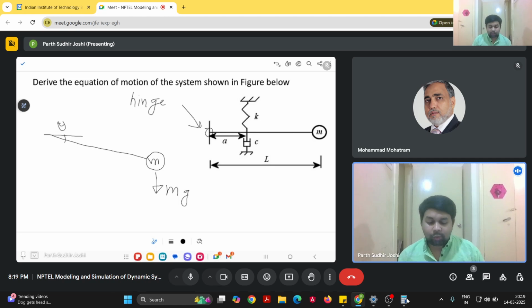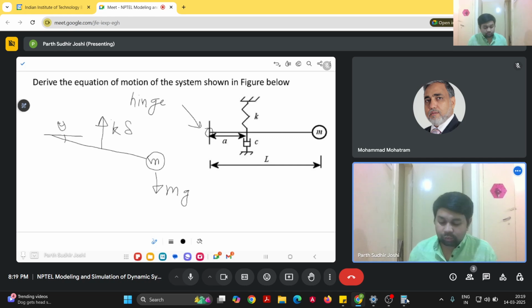Since the mass has moved downwards, the spring force will be k into delta, some deflection delta, which will depend on the location of this point, on A, and the angle of deflection.